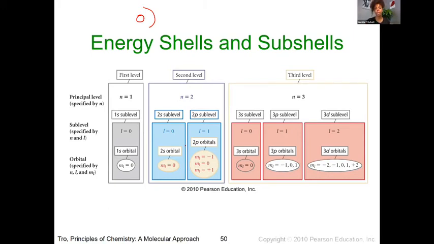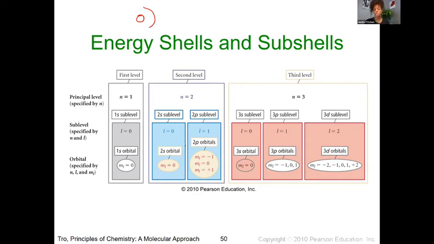In our third energy level, we have N is equal to 3. So our L values could be 0, 1, or 2. And then we would have the subsequent ML values based off of each of those L values. So when L is equal to 0, we have an ML value of 0 as well, one number, one type of s orbital. When L is equal to 1, the ML values are -1, 0, +1. 3 values means 3 different p orbitals in that subshell.